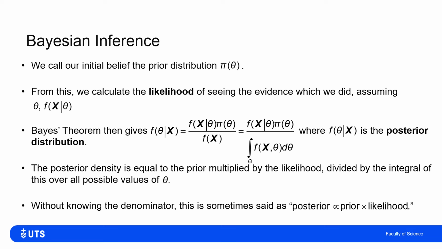We ended the previous video by just introducing the idea of Bayesian inference. This idea that it was a combination of a prior belief, what did I think about the parameters before I had any new evidence, pi of theta. What would the likelihood of my new evidence be if I knew theta, f of x given theta?